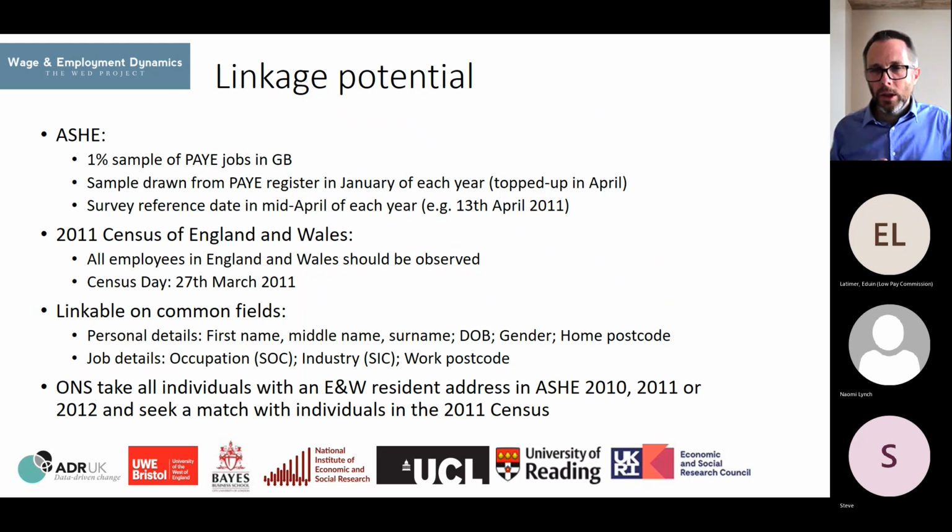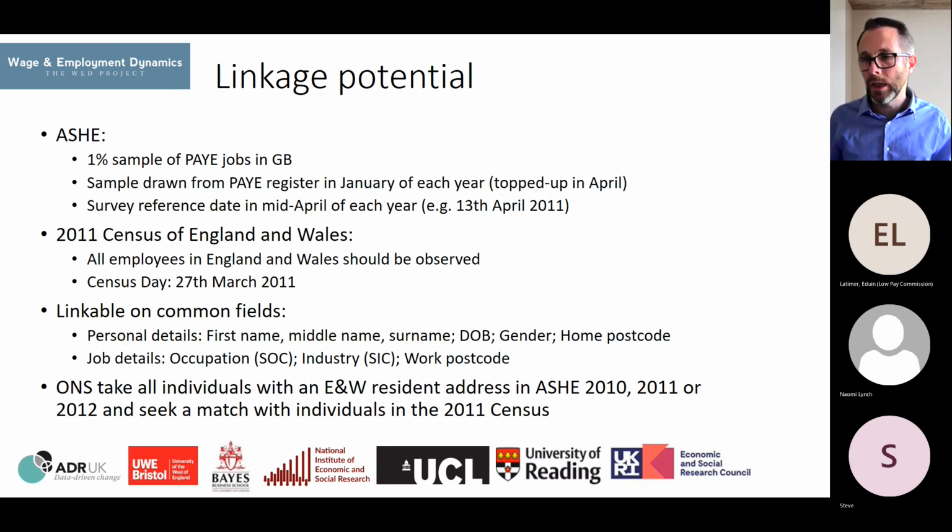Notice they haven't just focused on ASHE 2011, they've also looked for people who might be in ASHE 2010 but not in 2011. Maybe somebody is moving in and out of work, and because of the slight misalignment of the census and the ASHE dates, they thought it was prudent to look at the adjacent years in ASHE.